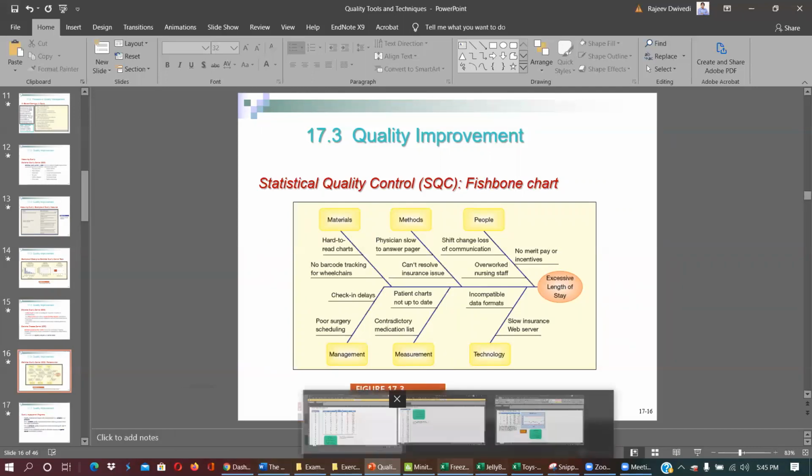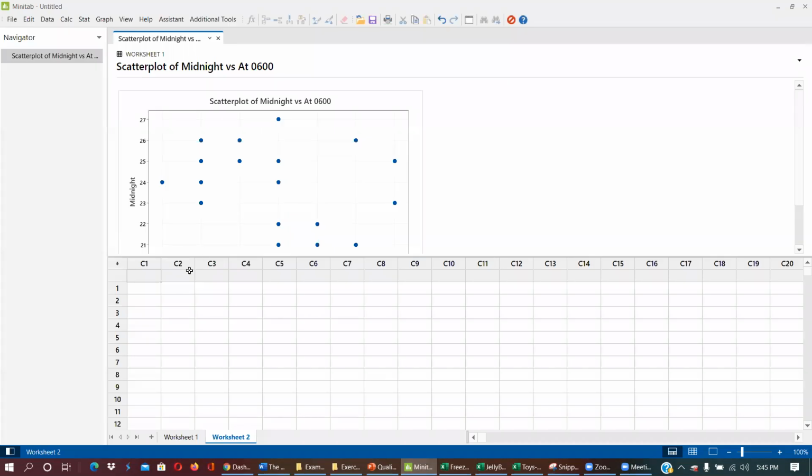So let me do this in Minitab. Let's say think about the COVID situation. The number of COVID patients is increasing because of many reasons.